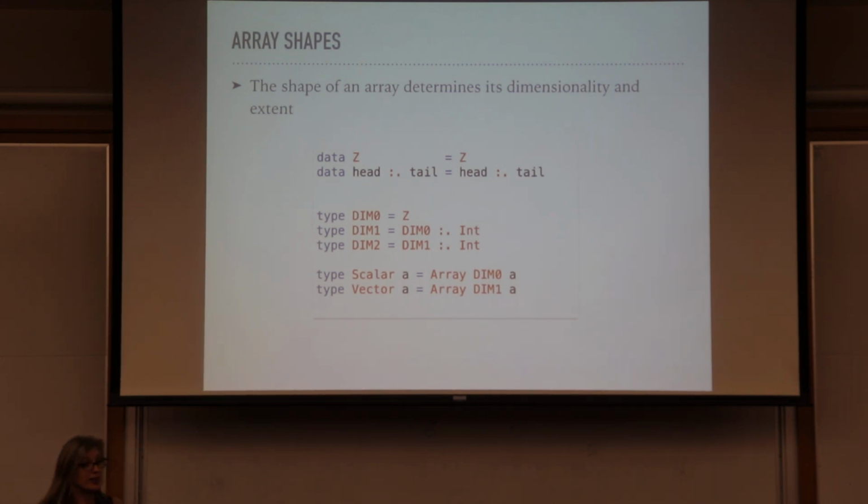A shape can either be Z, which is basically like the unit type, a type that has only one element in it. And here we have this type synonym: a zero-dimensional shape is called Z, and Scalar of A is just a type synonym for an array of dimension 0.